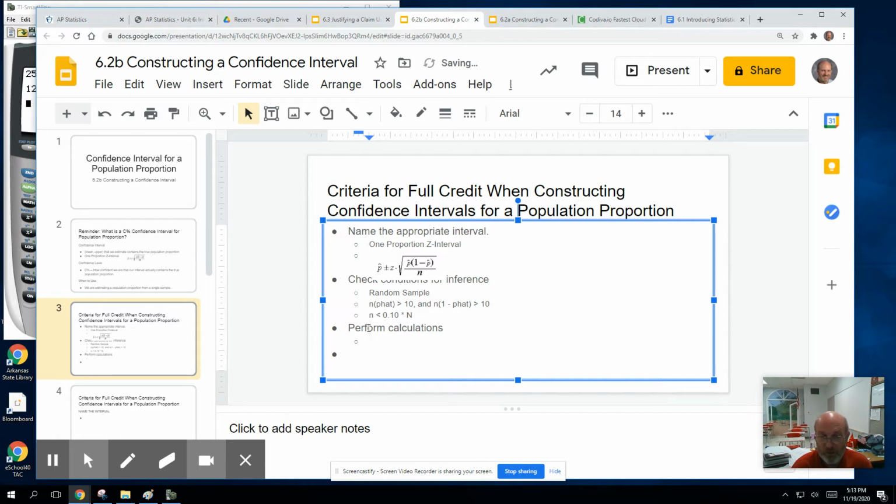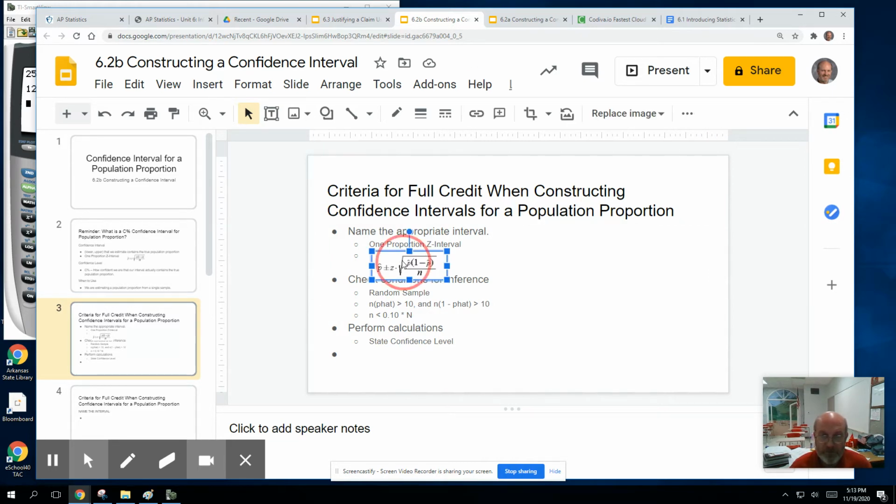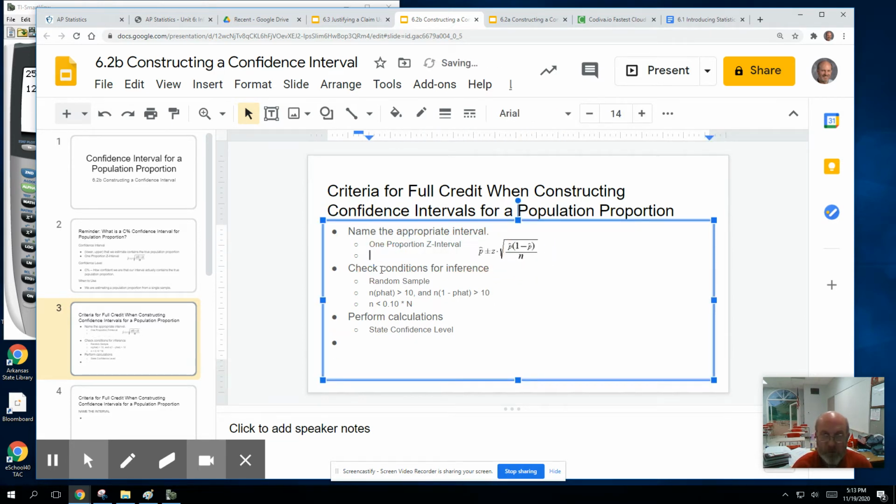This basically means that we're going to plug in, let's state our confidence level first. We're going to run out of room here, so I'm going to move this over here so we get some more room. State our confidence level first.